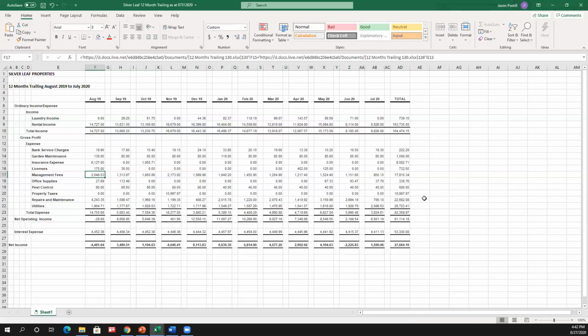Okay, so you hear sometimes like, oh, are they separately metered? Well, that's a huge value add because look how much at the end of the year this one's $20,000 of water utilities. That's a big number, right?